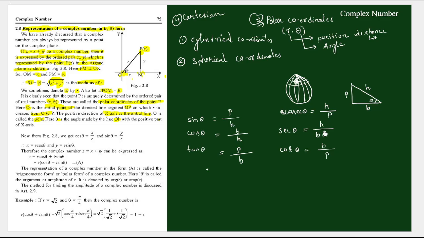Now we will apply this, how to find our x. Let's say this is x and this is our y. If you need to find x, then which formula will we use? Theta is there, so if we apply sine theta, what will we get? Sine theta will be perpendicular by hypotenuse.